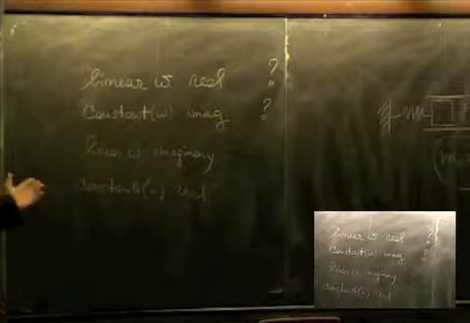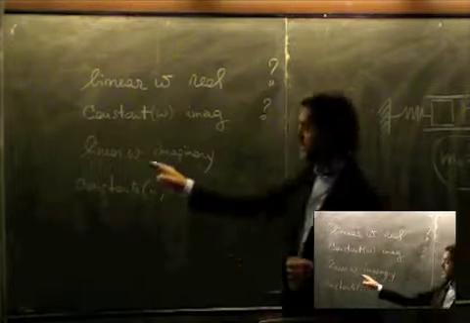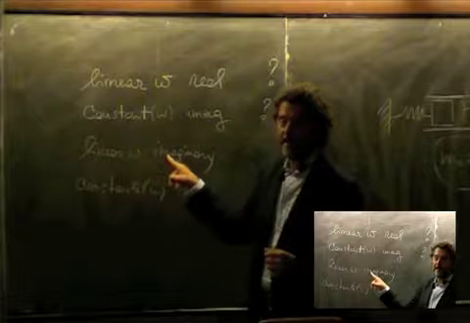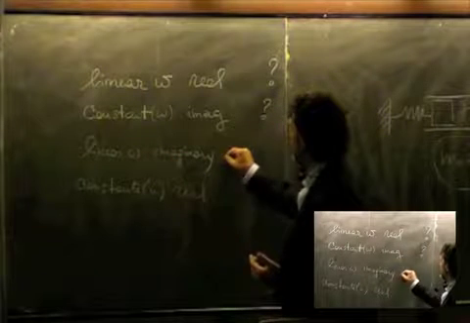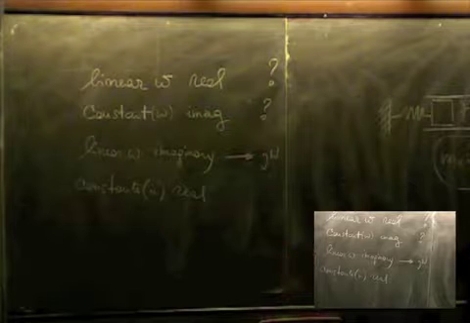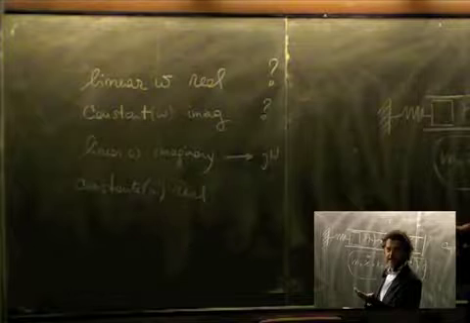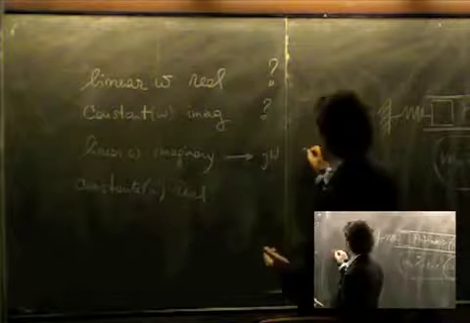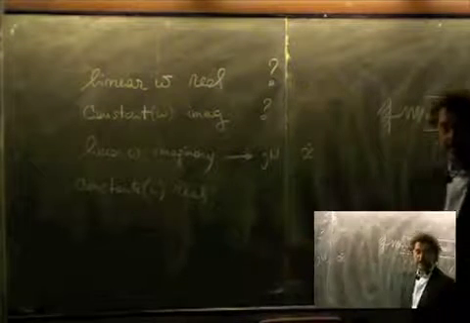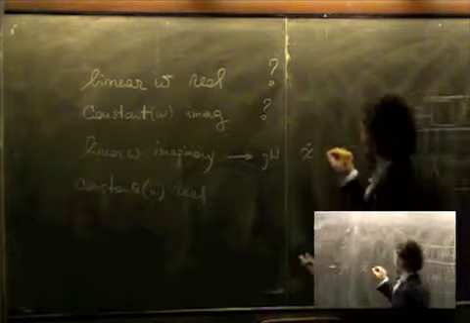So these 4 contributions. What does it mean that in the frequency domain we have something linear in omega and imaginary? It means that you are dealing with a term like j omega. What is its counterpart in the time domain? It's something that depends on x dot. So it's easy: it is a viscous damping term.